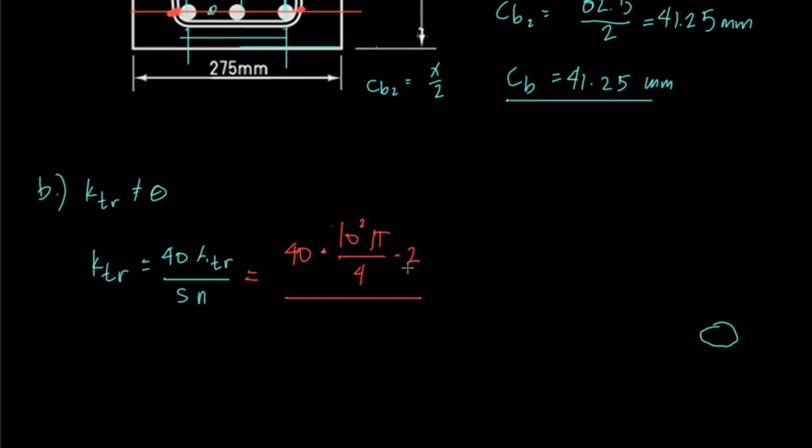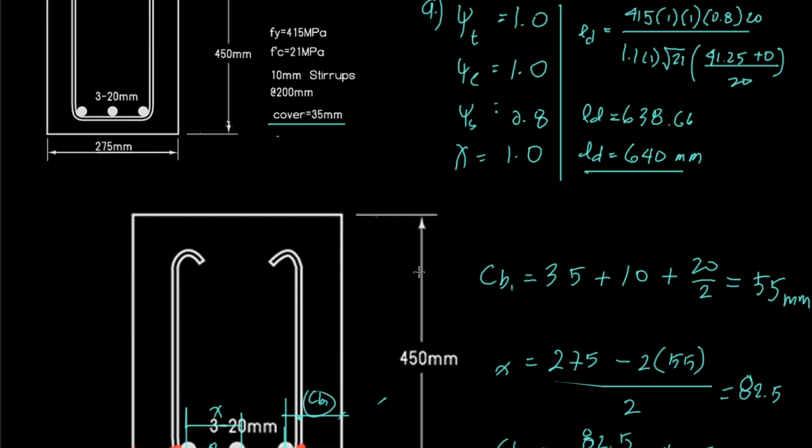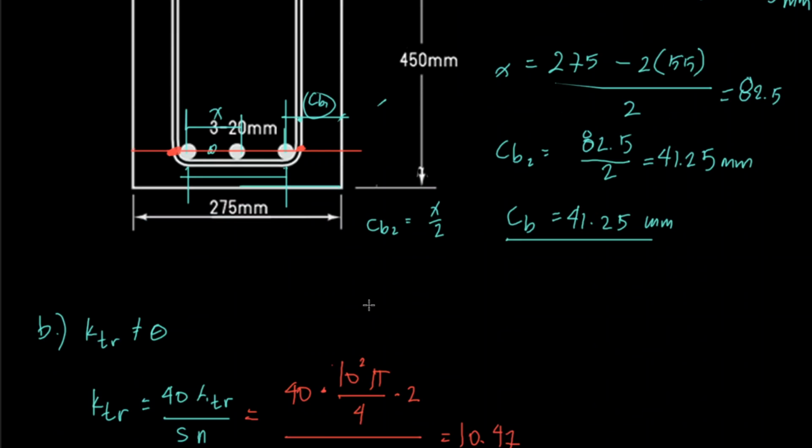Huwag ninyo kalimutan times 2 kasi 2 legs yung natamaan. Then yung S would be the spacing multiplied by the number of bars. So, meron tayong 3. So, therefore, KTR is equal to 10.47.